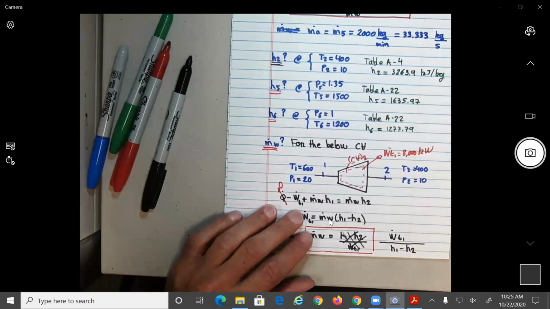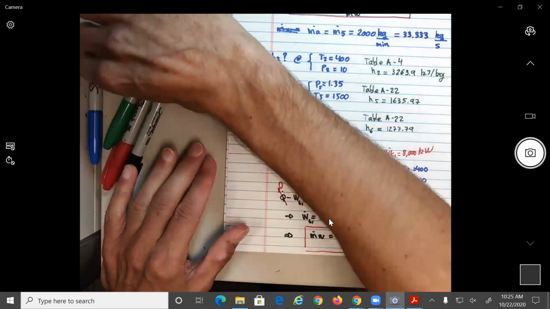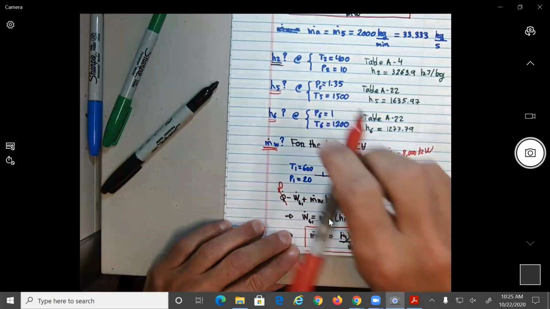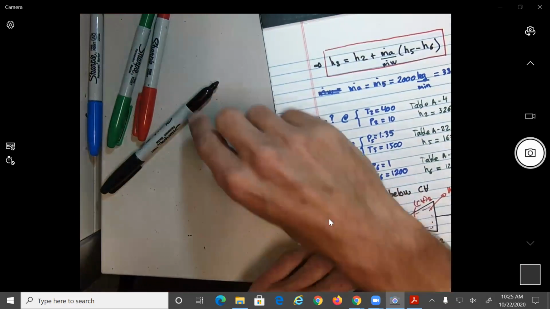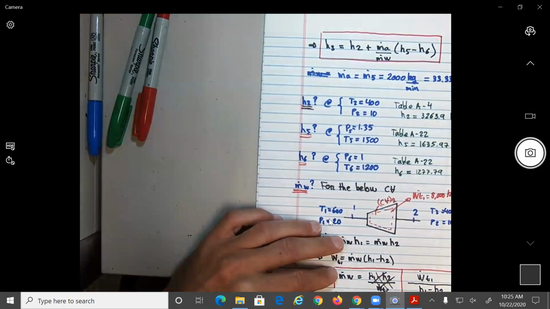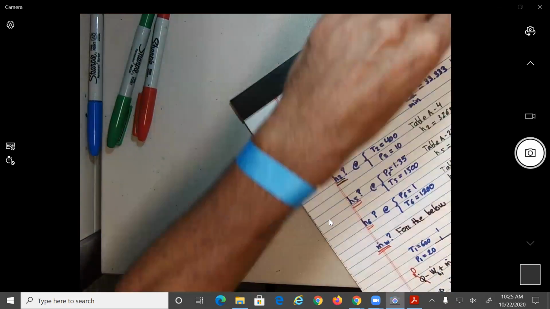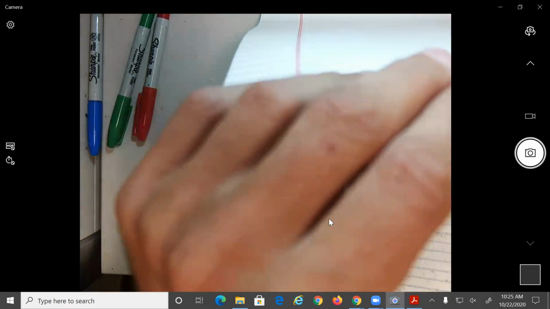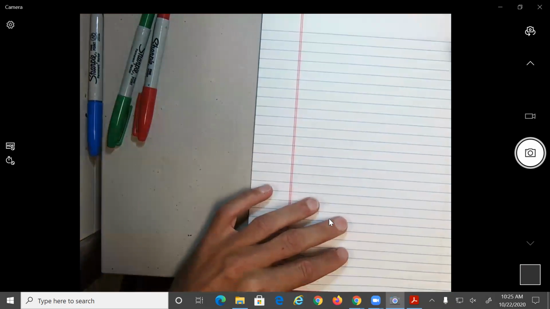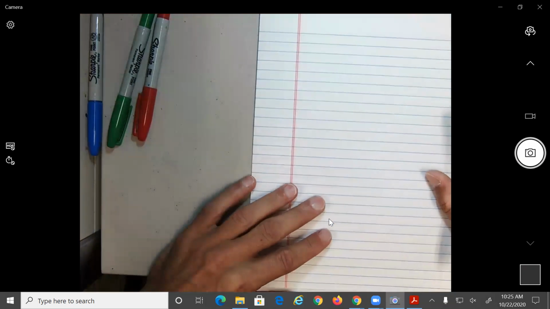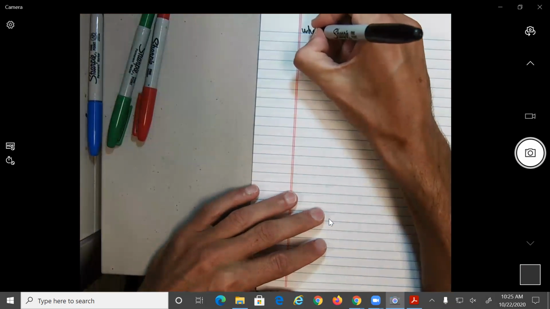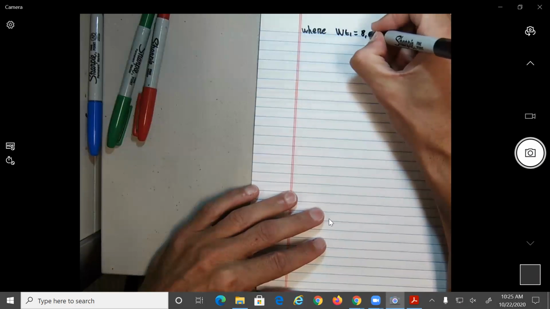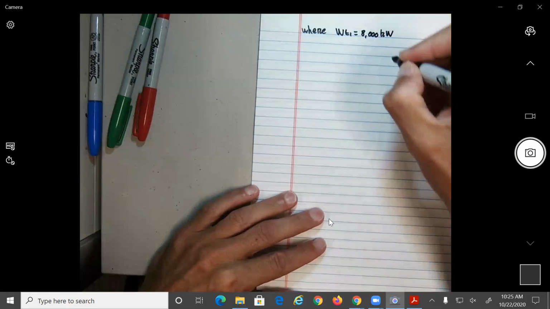So for the steam, for that equation here, this should be page 86. So over here, we know that the work of the turbine is 8,000 kilowatts.